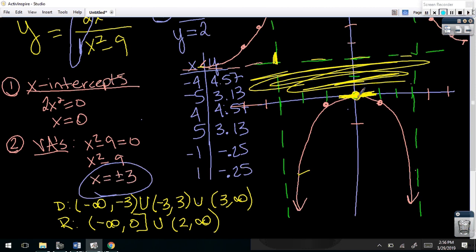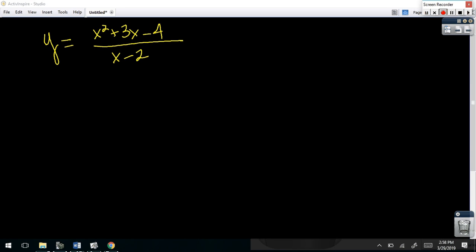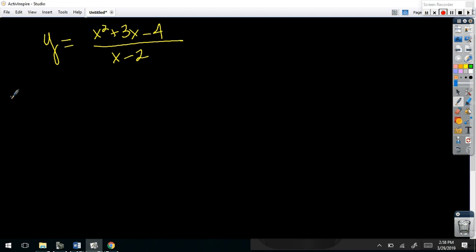Last one. Wait, can I write down the name? Yeah. X-intercepts are the top, equal to 0. Oh my goodness, y'all, look. No. Yes. It's a quadratic formula. It's not a quadratic formula because this one's factorable.